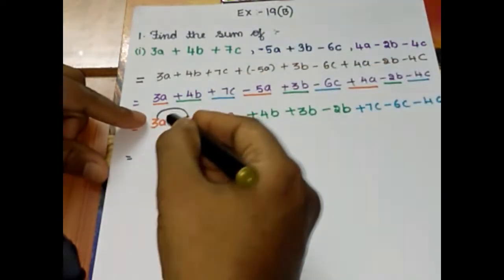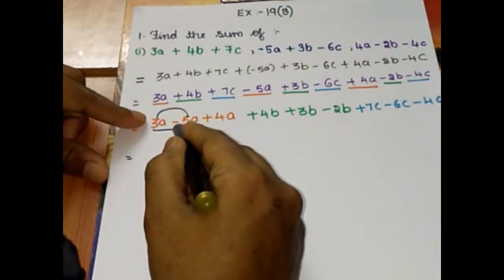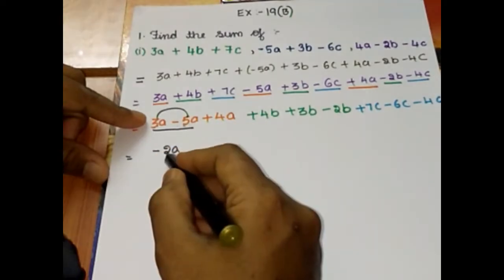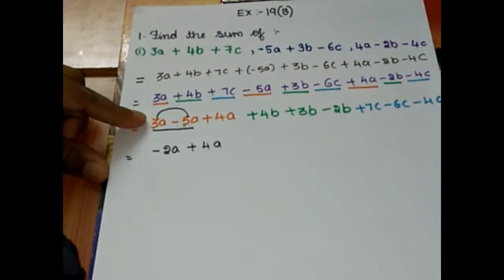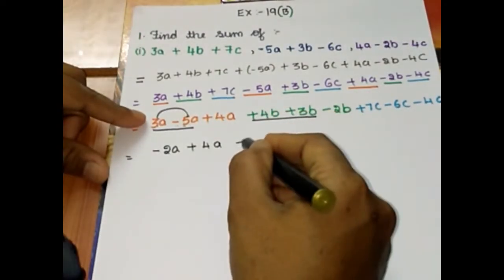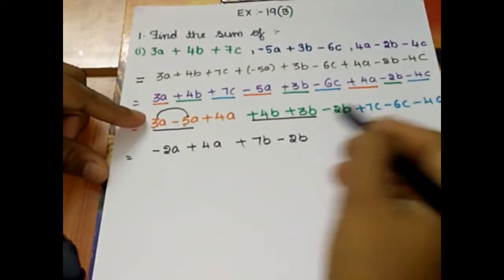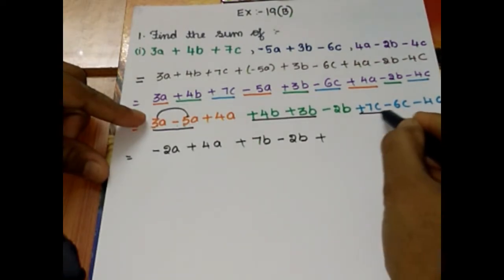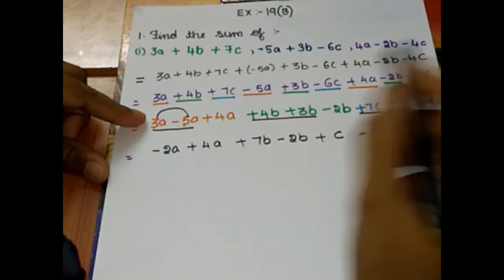If you are not able to do it in one step, do it in 2 steps. First step, 3a minus 5a will result in minus 2a. Keep plus 4a as it is. Here also, plus 4b plus 3b is plus 7b. Keep minus 2b as it is. In the third case also, 7c minus 6c is c, minus 4c.